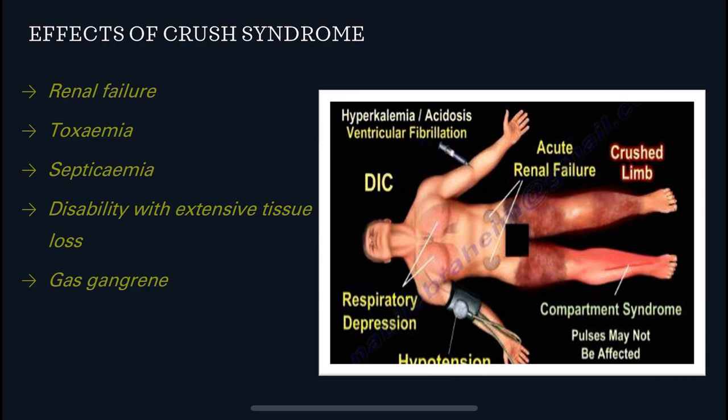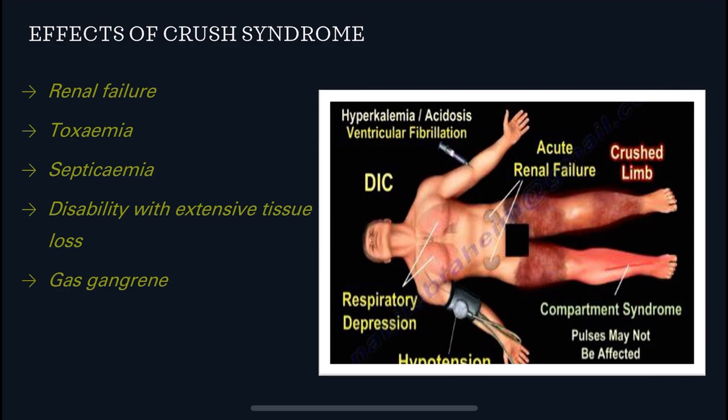So guys, you can see here we saw that septicemia occurs when this myoglobin is released, and throughout the body the inflammatory reaction will be there. And then we have this toxemia. Why does toxemia occur? It is because of the rhabdomyolysis, which is nothing but the crush syndrome, which is causing damage to the muscles.